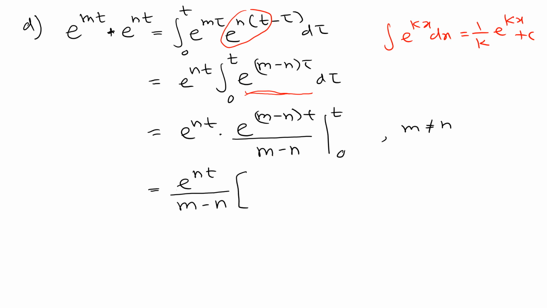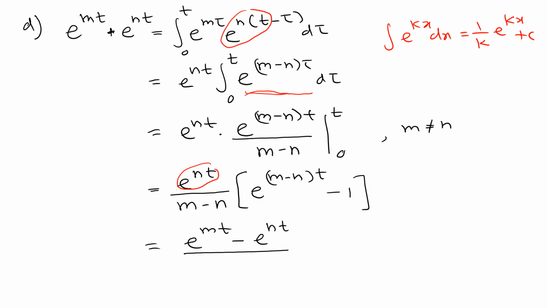And then you put t first, so it is e to the (m minus n)t. When you put 0, e to the 0 is 1, so you get 1. That's what you get. Now what we do, we distribute. We just multiply through by this, and you can see it simplifies really well, and then you're going to get e to the mt minus e to the nt, divided by m minus n.